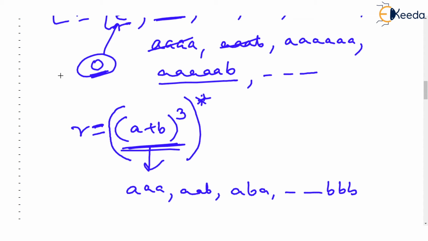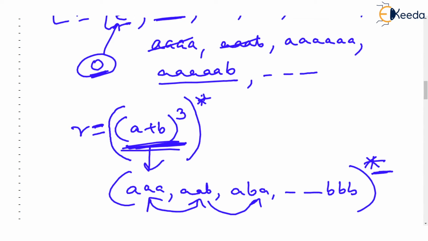But then listen, this internal part, (A plus B) raised to cube, is closed again under closure operation. That means any string can be joined to any string over here. That's what is the meaning of closure. Any string can be joined to any string any number of times. But whatever strings you join, you will always get length multiple of 3.